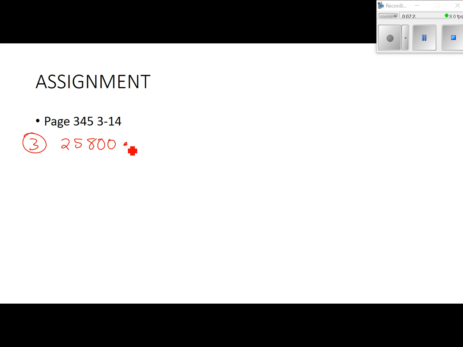We're going to times that by the percent, which is 85%, so we change that to 0.85, plus, so that's the percent of the base price that it costs the dealer, plus $2,200 in options times the percent that the dealer has to pay, which is 88%, so 0.88, plus the dealer also pays the destination charge, which is $660.